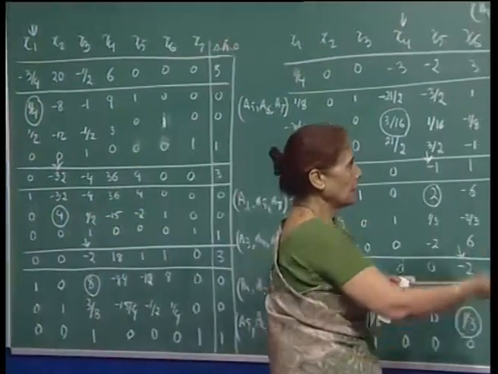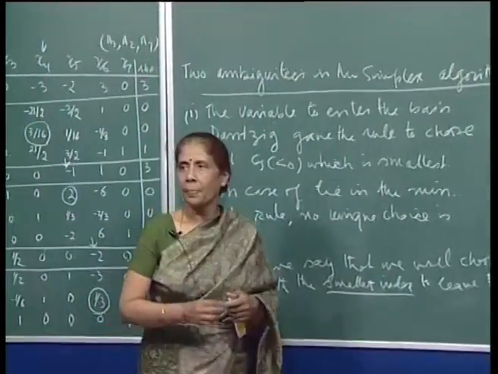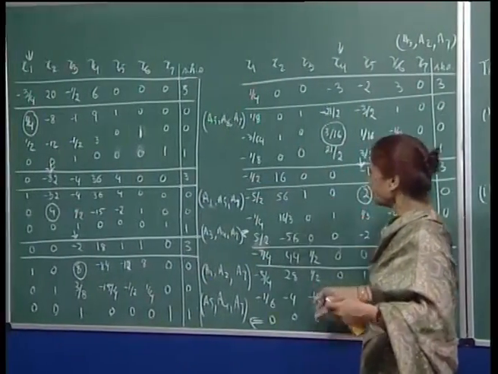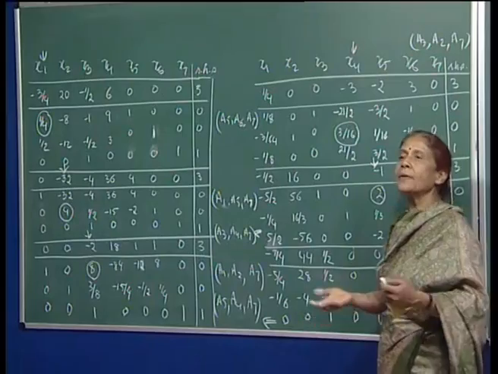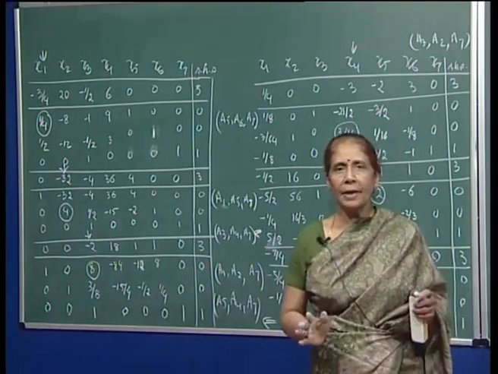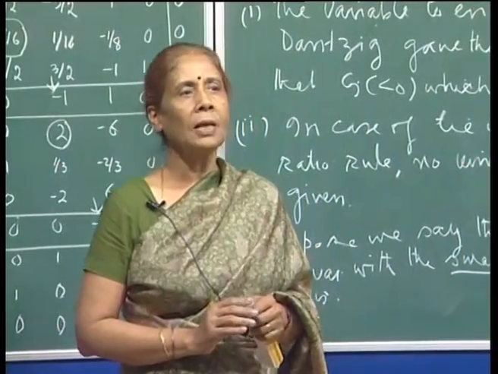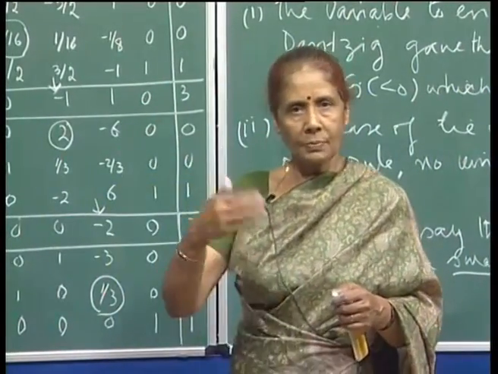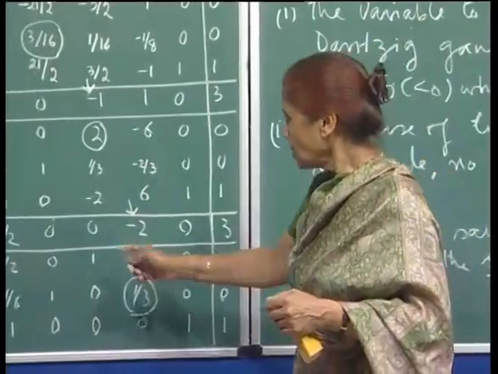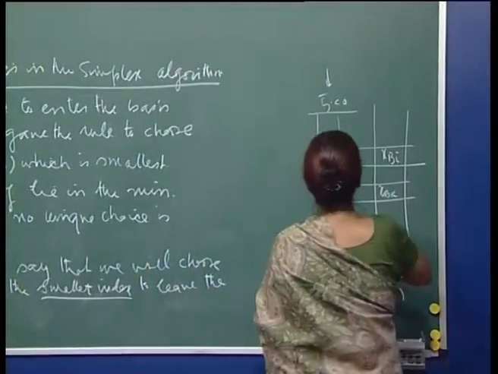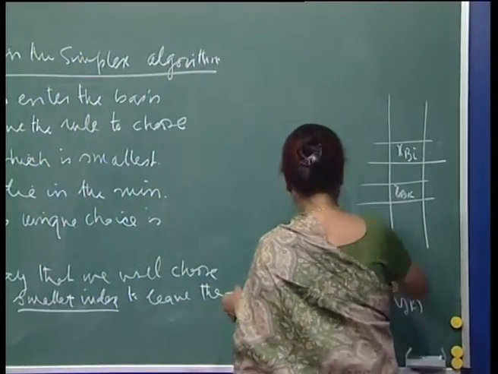And you see, because I am following these two rules, if I now continue, I will again repeat the same sequence of basic feasible solutions and nothing will change. I will not move anywhere, I will stay with the same basic feasible solution, the same value of the objective function, but the basis keeps changing, right. So this is what is known as cycling. Okay. So we observe this phenomenon.